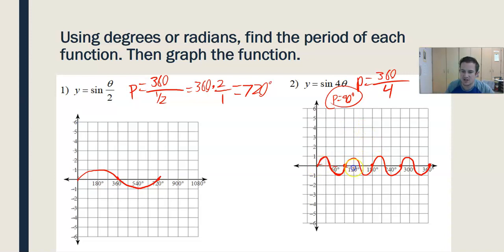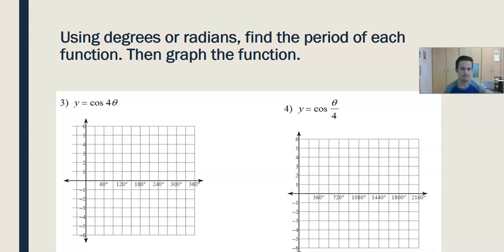Midline hasn't changed, the amplitude hasn't changed, but the period has. So instead of taking 360 degrees for one full cycle, as my traditional sine wave would look like this, it only takes 90 degrees.